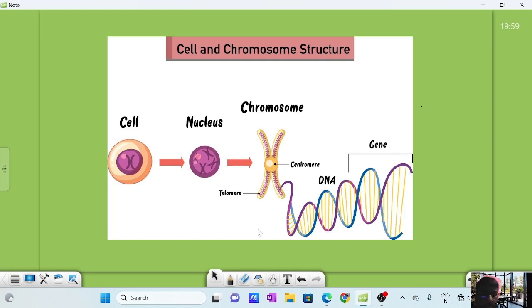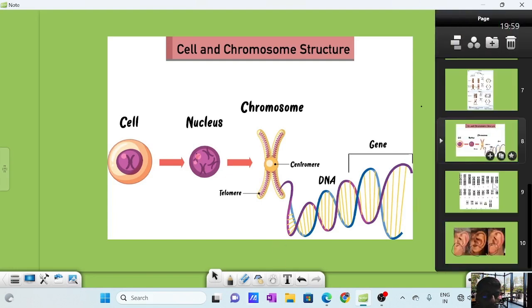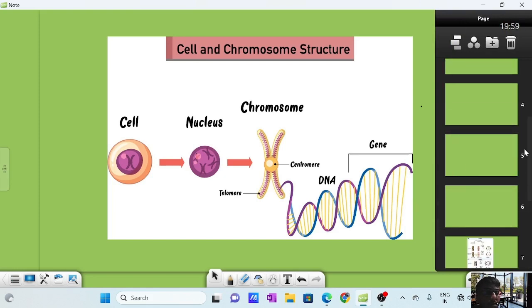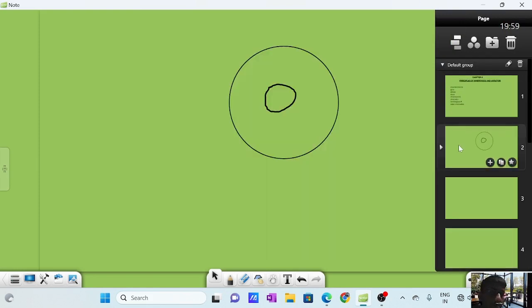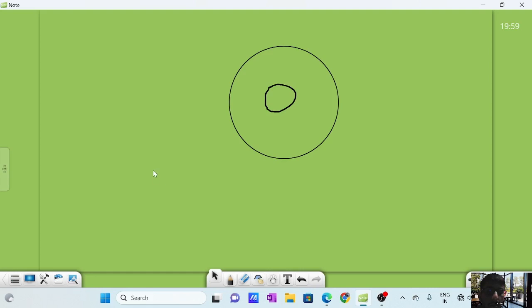So we know that in human beings, how many chromosomes do we have? What is the chromosome number of human beings? Our chromosome number is 46, right? The chromosome number of human beings is 46.